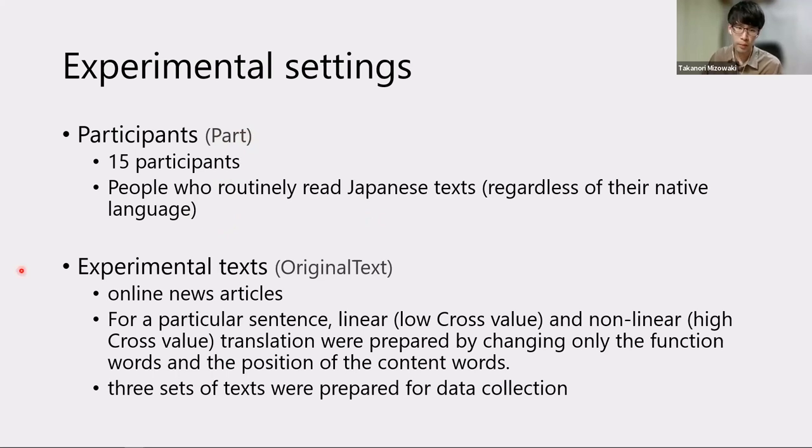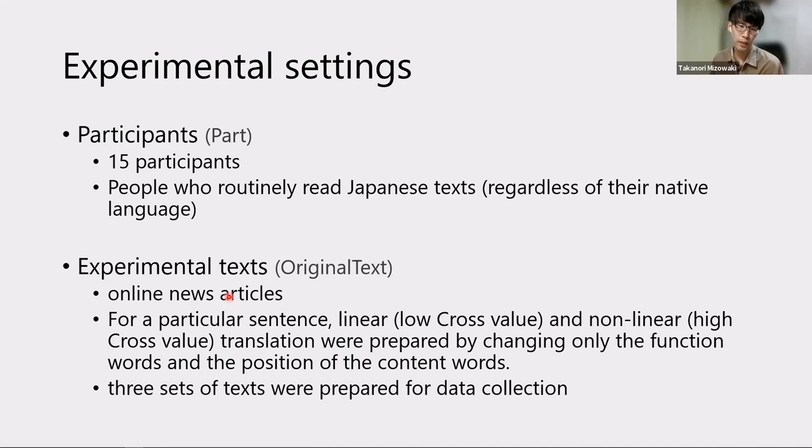To prepare the experimental text, we collected general online news articles and newspaper articles that had already been translated into Japanese. We accepted 3 to 5 sentences, about 150 characters per text.